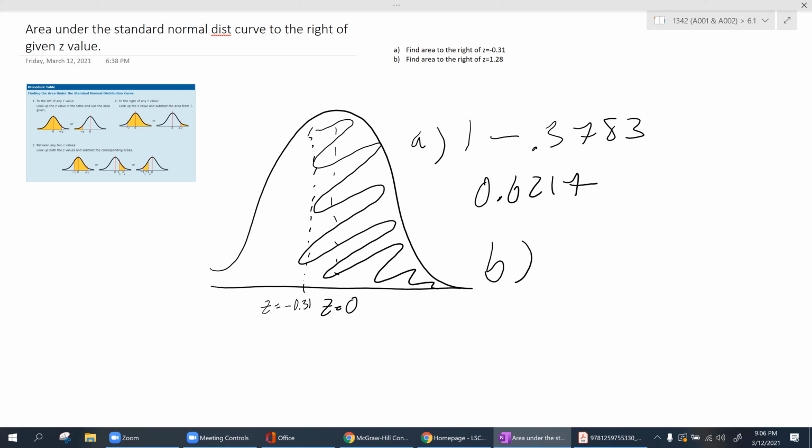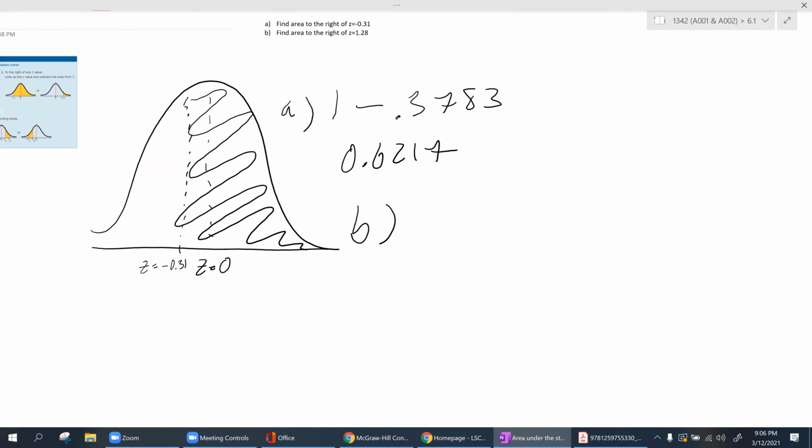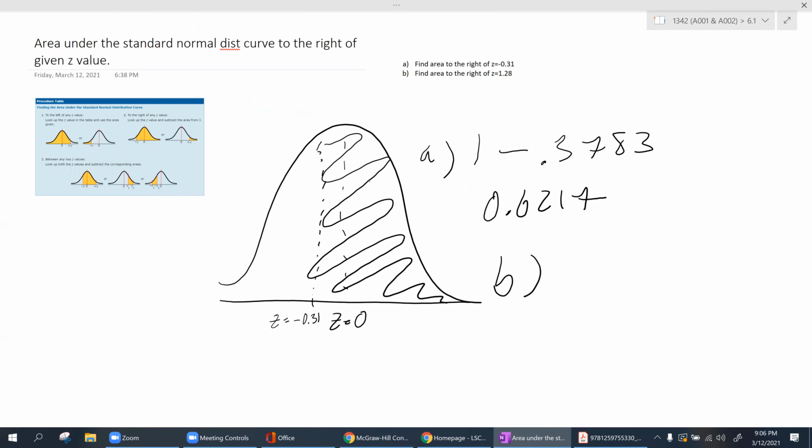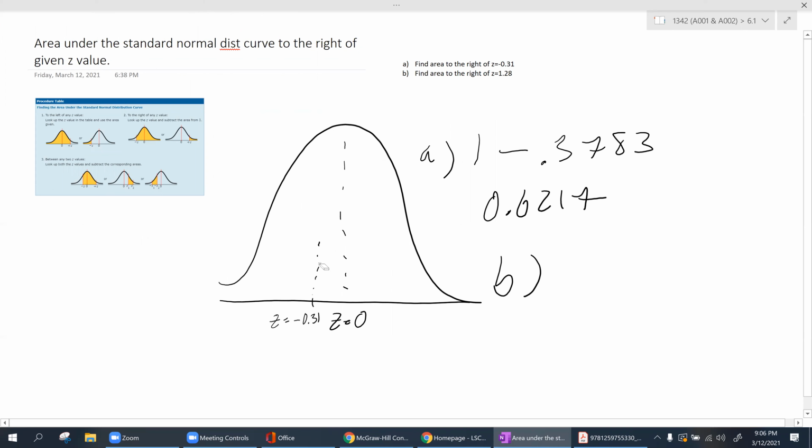For B, I want to find the area to the right of 1.28. So let's just say that's somewhere right there. Z equals 1.28. I want anything to the right of that. And we know when finding areas to the right, it always has to be 1 minus whatever that Z value is.